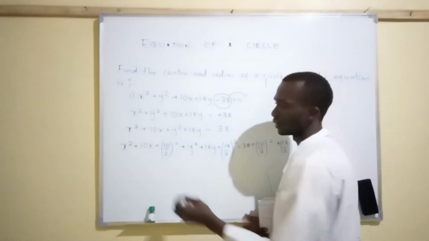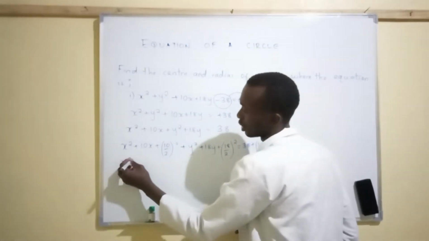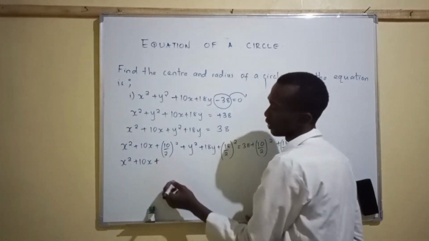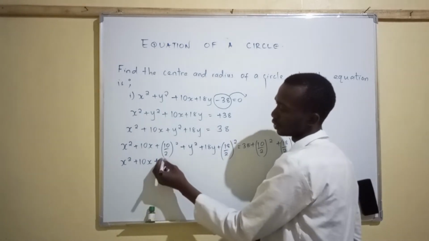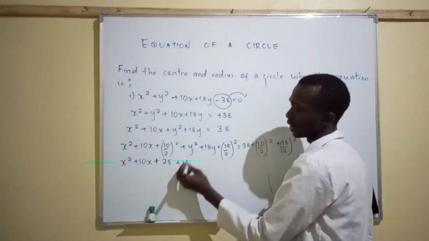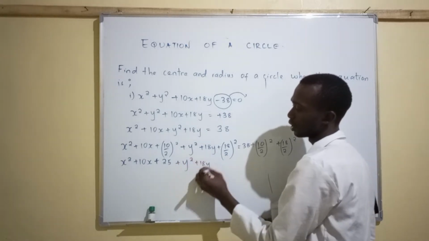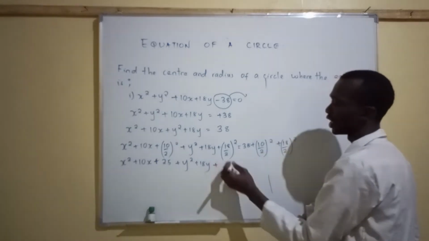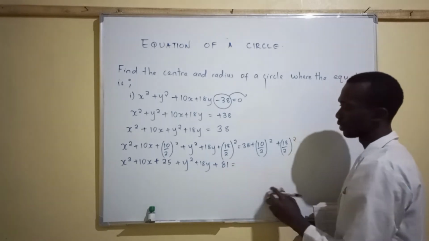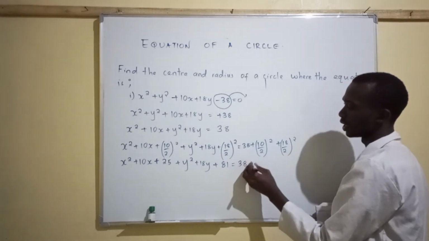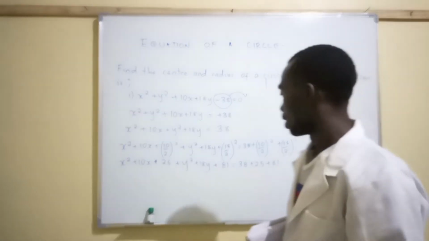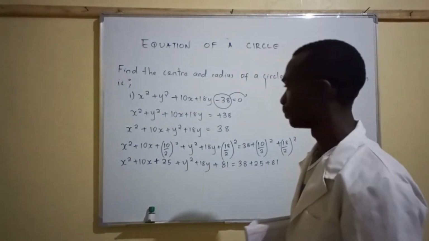In continuation of this, we have x squared plus 10x plus 5 squared, that is 25, then plus y squared plus 18y plus 18 over 2, that is 9 squared, 81, is equal to 38 plus 25 plus 81. So that's where we have reached.